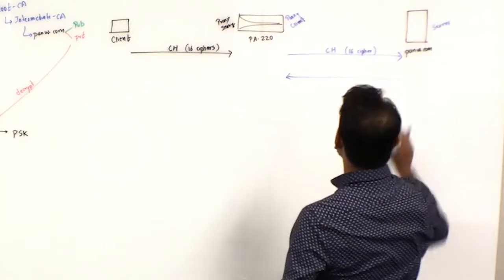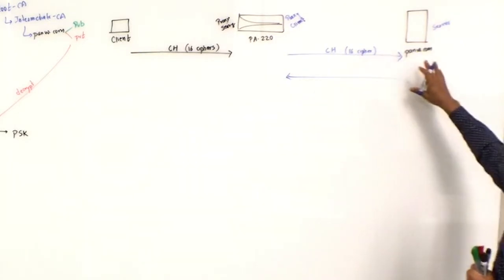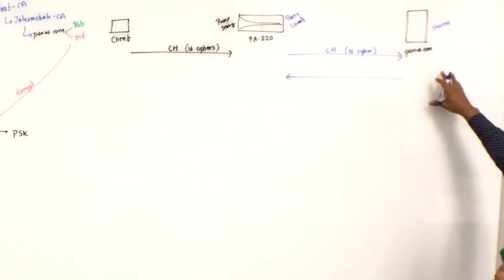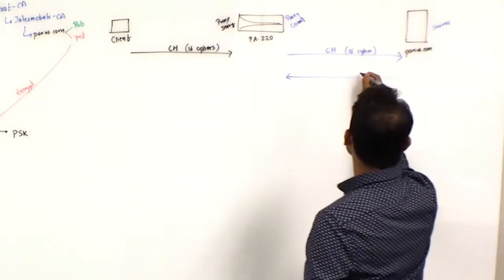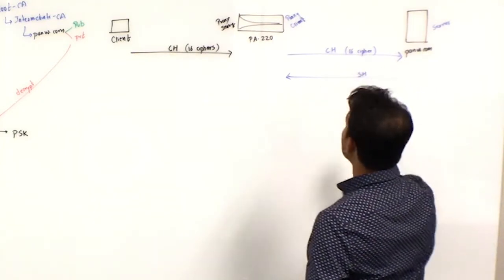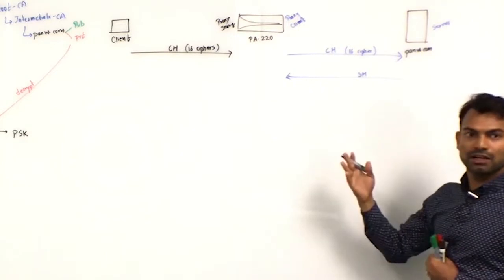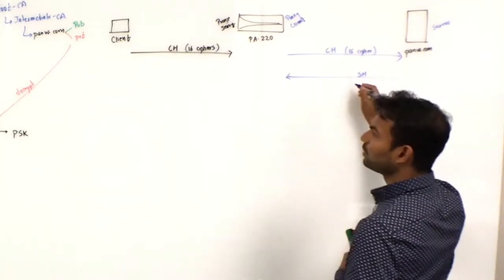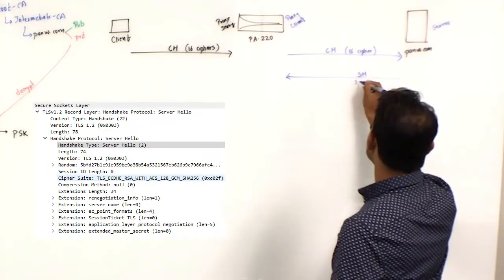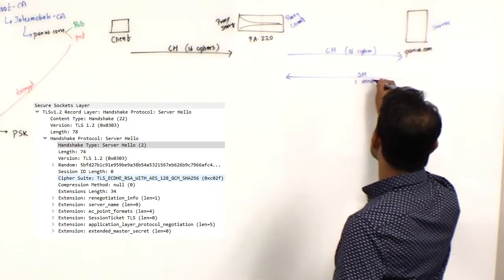Now, because the client request came from the firewall, the server is replying to the client, or let me call it now proxy client. And in that server hello, SH, it will select the one selected cipher.